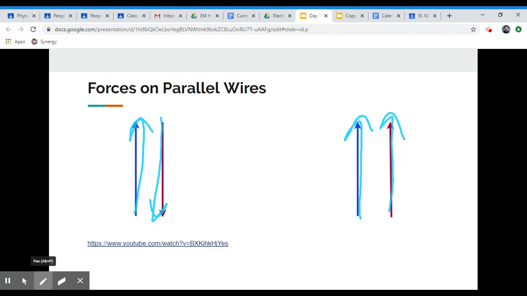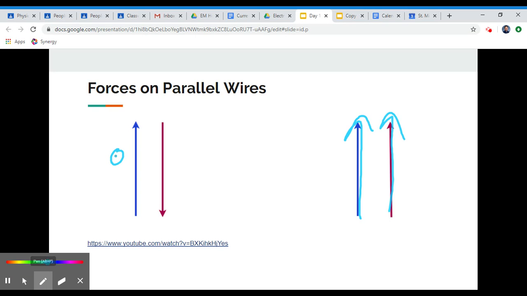that will tell you which way the magnetic field is going. Now, it's kind of hard to show on here because I'm on a 2D screen, but let's see if I can try to represent this here. And there's a better video right down here if you want to click on it. If I look at this blue wire on the far left, and I point my thumb up, the magnetic field on the left side of this is going to be coming out at me.